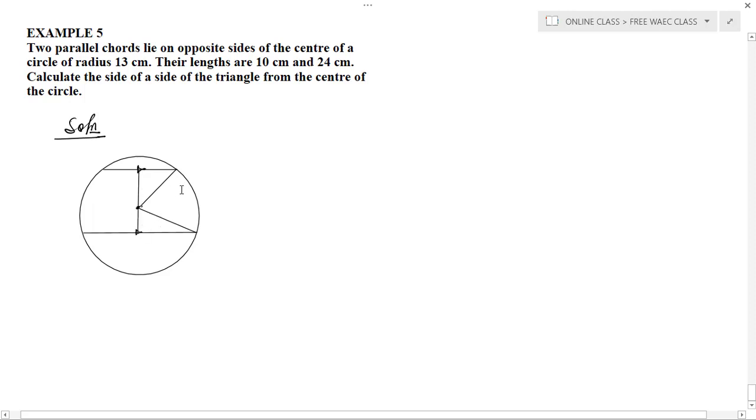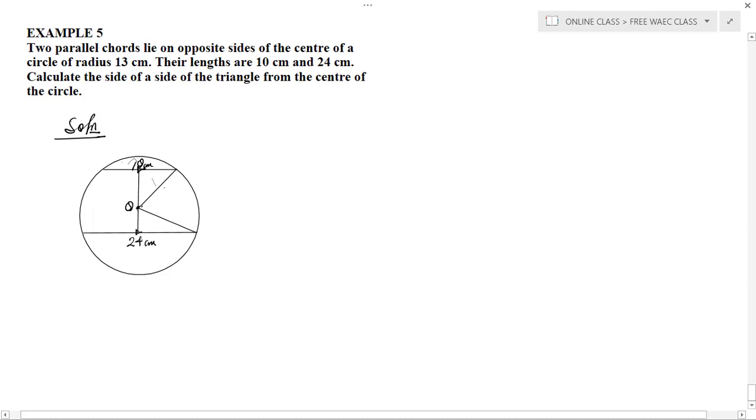Yes, so drawn now. According to the question, the first chord is 10 centimeter. The second chord is 24 centimeter. They are parallel to each other, and at the same time, they are on opposite sides of the center.